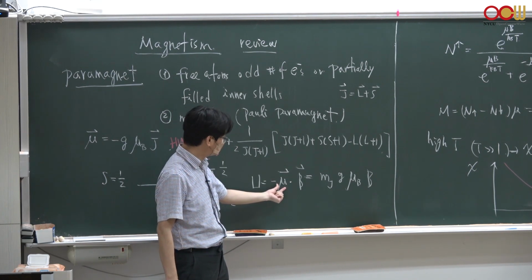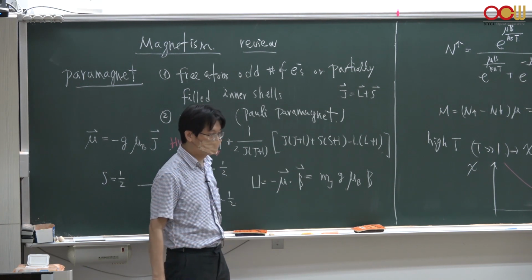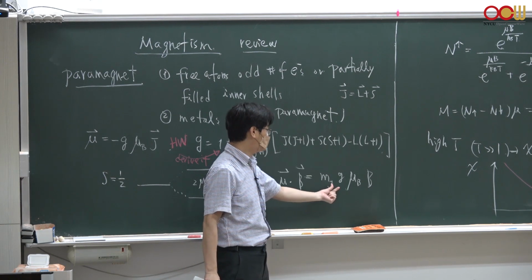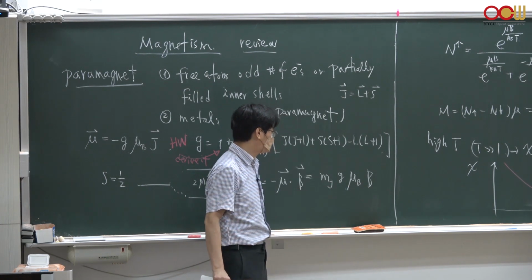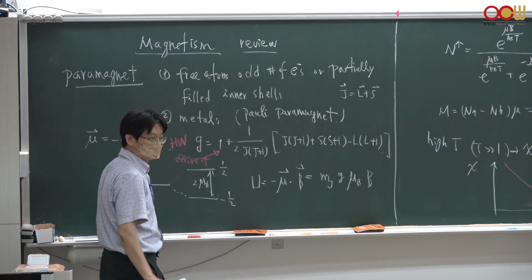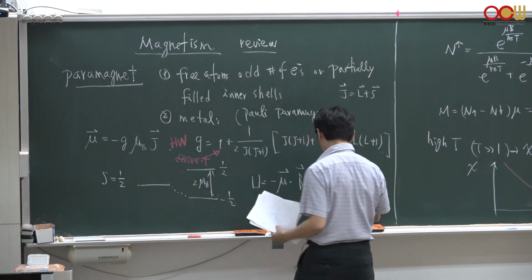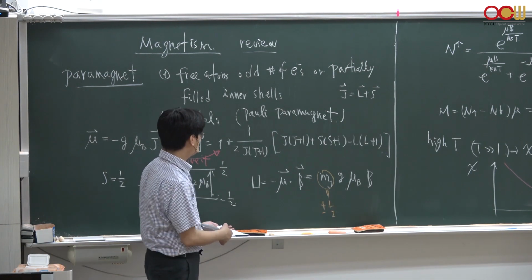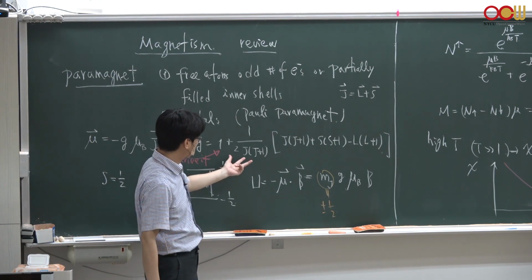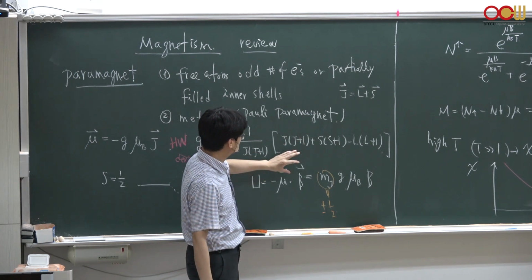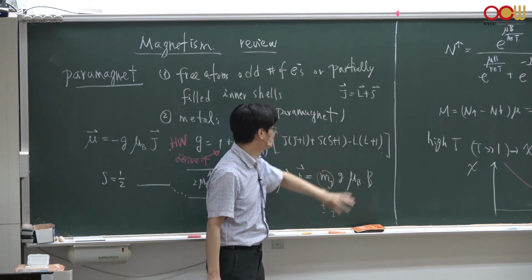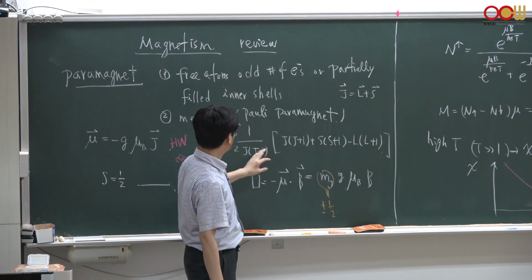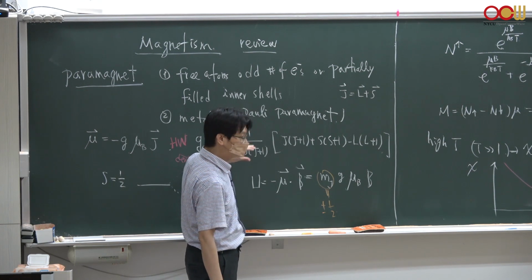In the presence of the field, this will generate the Zeeman energy, which is minus the magnetic moment mu dotted with the Zeeman field B, given by m_J times g times mu_B times the field strength B, where m_J takes just plus or minus 1/2. And g is what? g is actually 2, right? Because there's no orbital angular momentum, J is the same as S, so you get cancellations of the numerator and denominator.